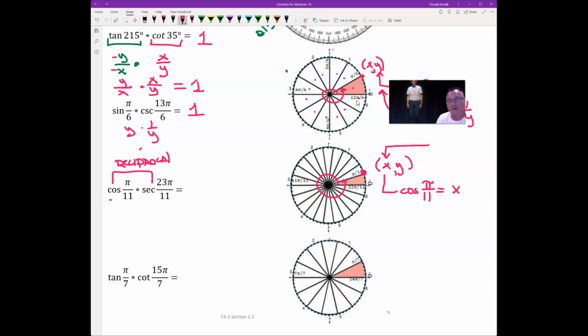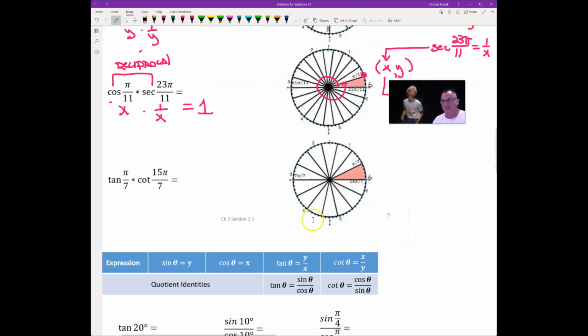So the secant of 23 pi over 11 is the same x-coordinate, but 1 over it. So this really just becomes x, this is 1 over x, and I'm going to get 1 again, because they're the same angle. It ends at the same place.